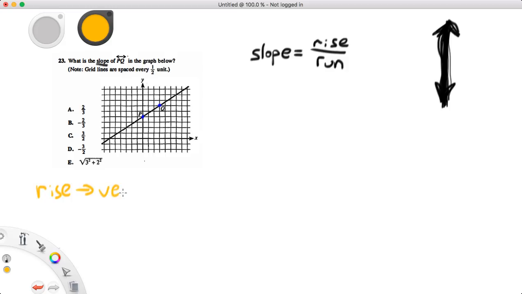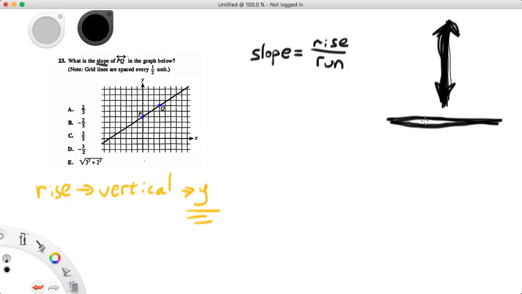So, which of these axes moves in the vertical direction? Rise refers to the vertical direction, which is your Y. Rise is vertical, which is Y.